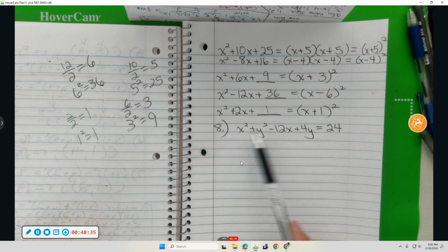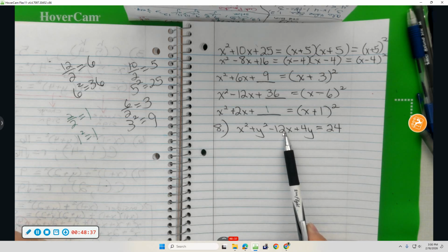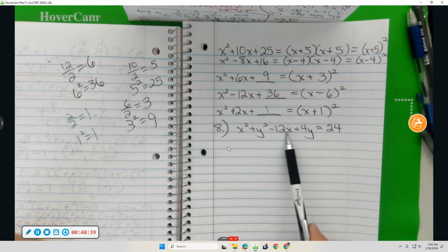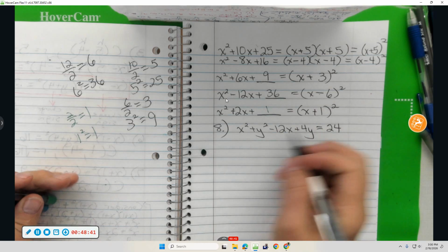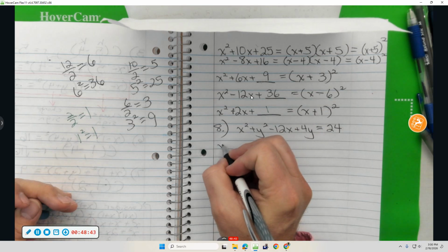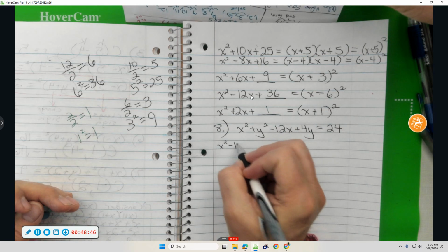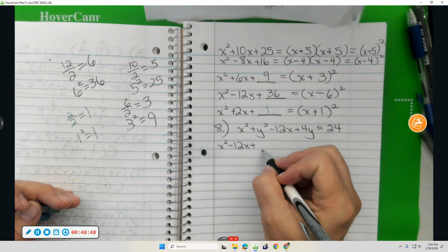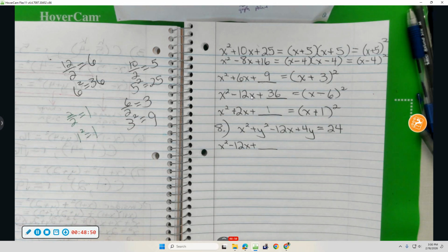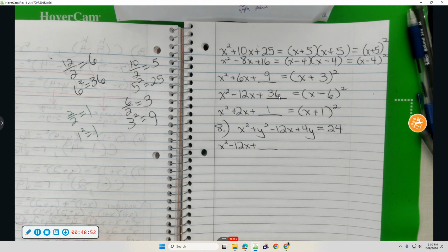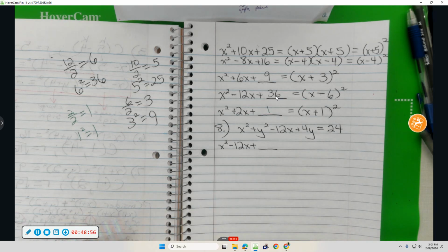I see x squared minus 12x. There's not a number that I add in there, so I'm going to write it there for me. So I'm going to go x squared minus 12x, and then I'm going to say plus, skip a space. I'm going to add a number in there to create a perfect square in a moment.